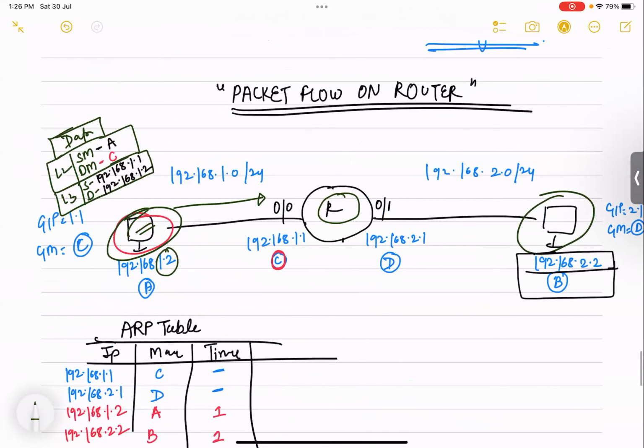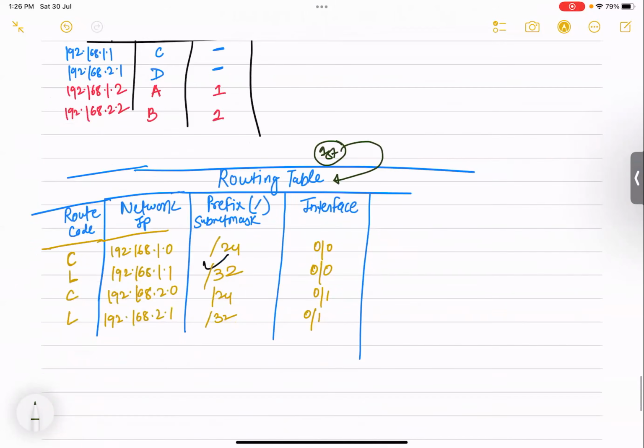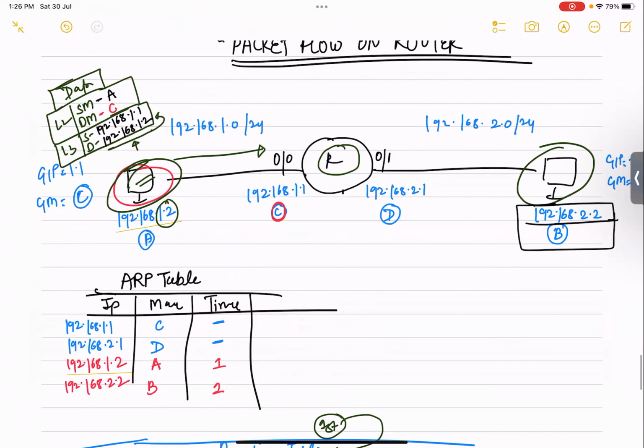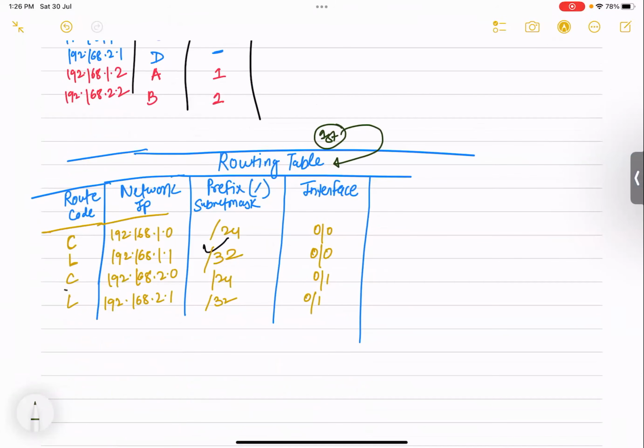The router verifies the destination IP, 192.168.2.2. Inside the routing table, is the 2.0 network available? Yes, it is available, directly connected. And to reach it, via which interface?